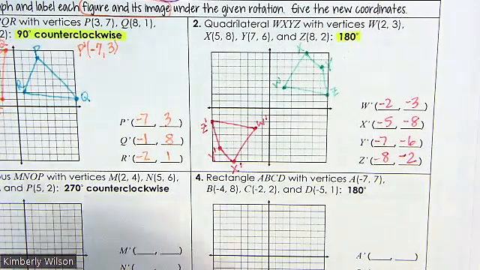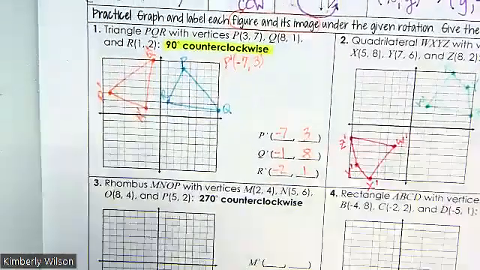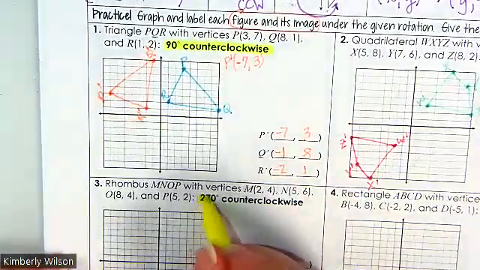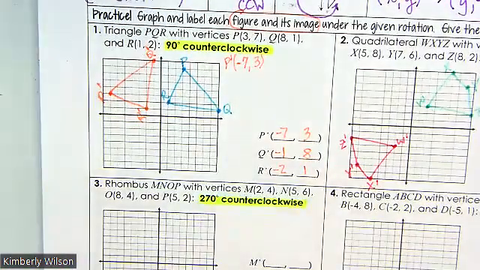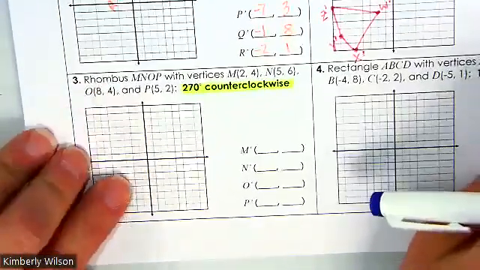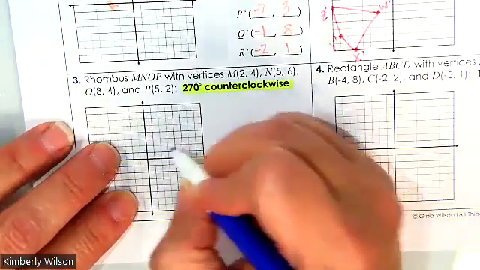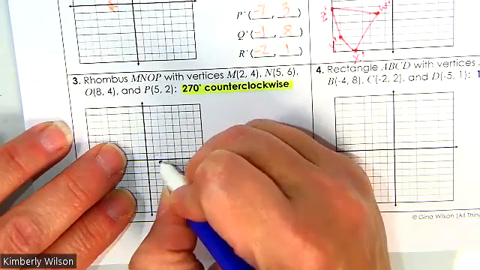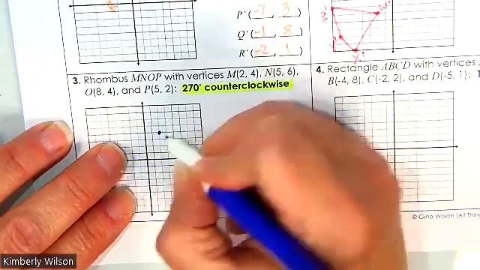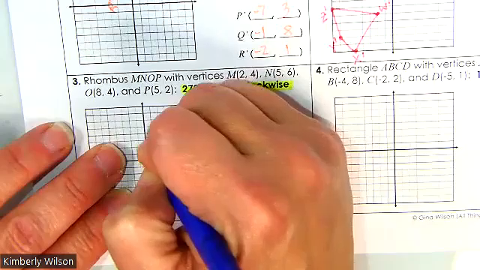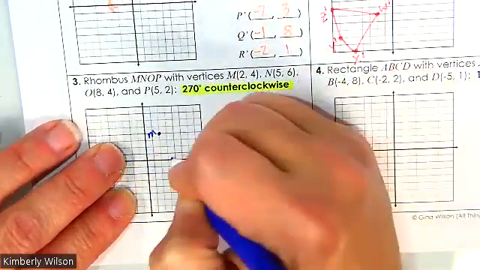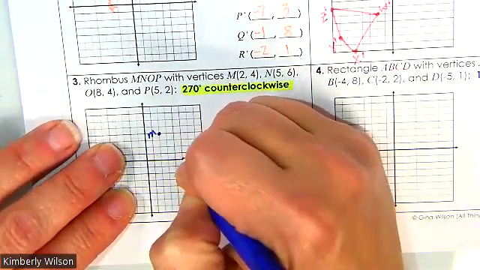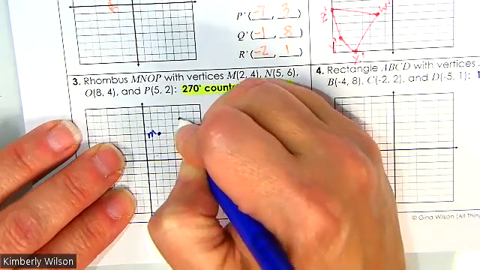Last one. 270 counterclockwise, or what's also called 90 clockwise. All right, so first things first, we got to plot our points. M is 2, 4. N is 5, 6.